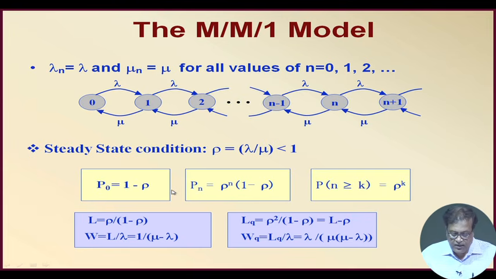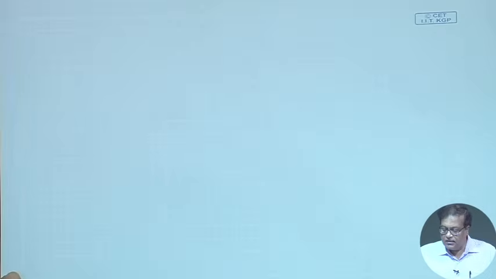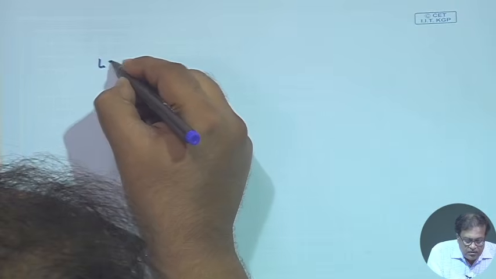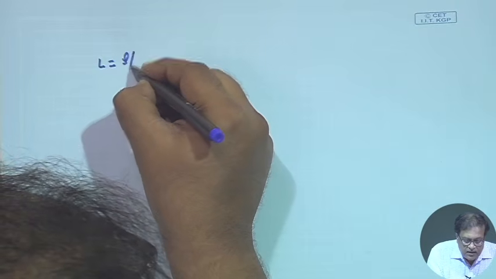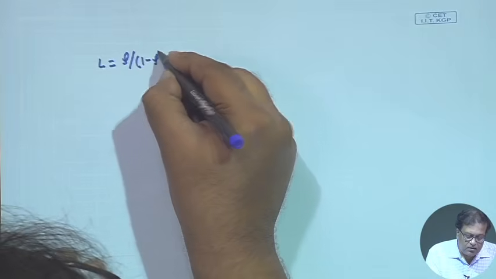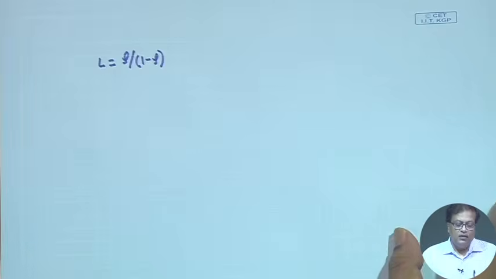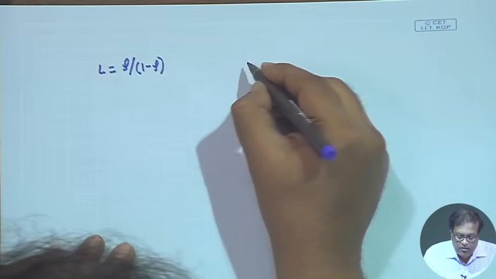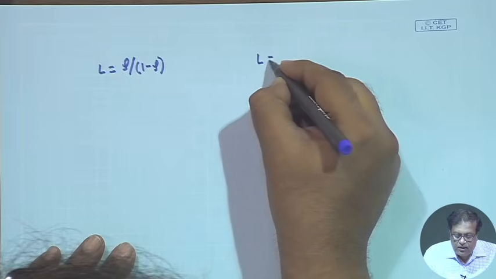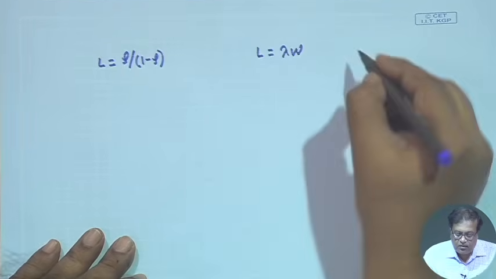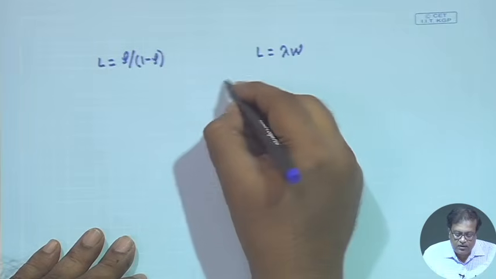I am not showing it, but let us assume, and we can show it also in detail, that L equal to rho by 1 minus rho, right. L equal to rho by 1 minus rho. Now, you can use Little's formula. Since we know L equal to lambda W, what will be the W then?